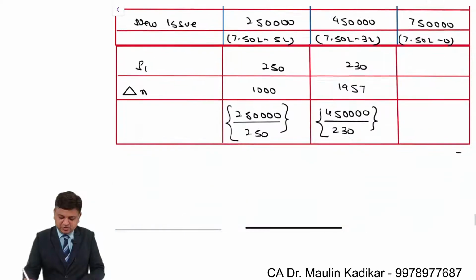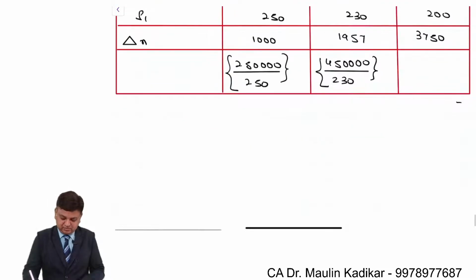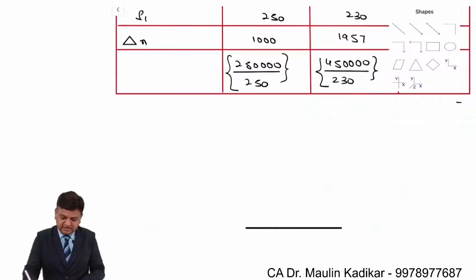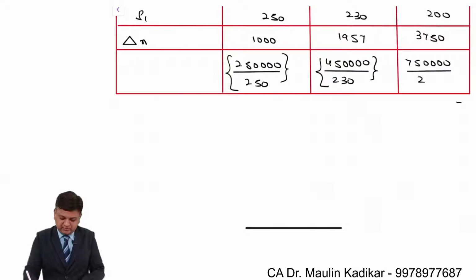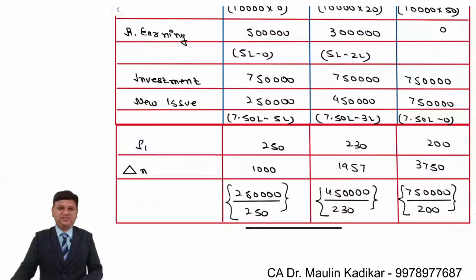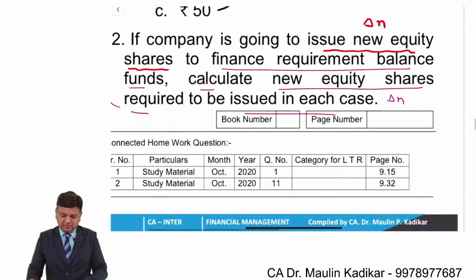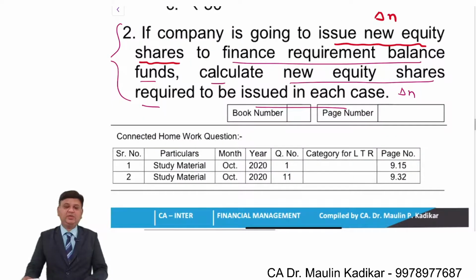The price per share is 200. So 7,50,000 divided by 200 comes to 3750 shares. So this is the way we are required to compute the new equity shares to be issued.